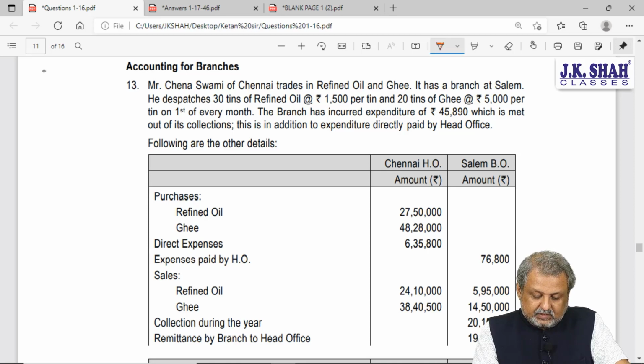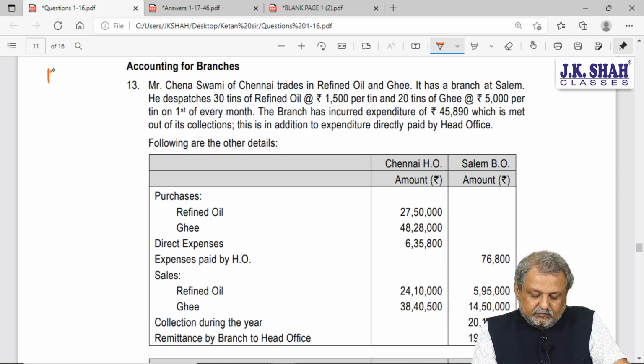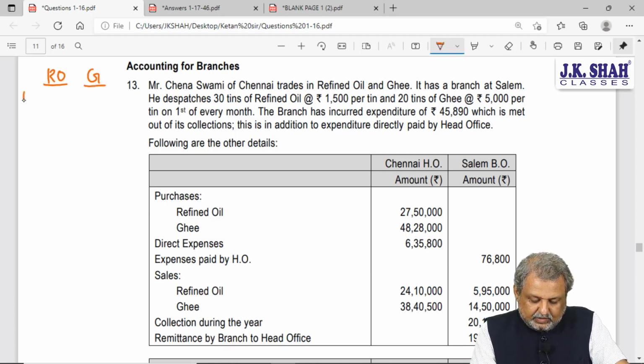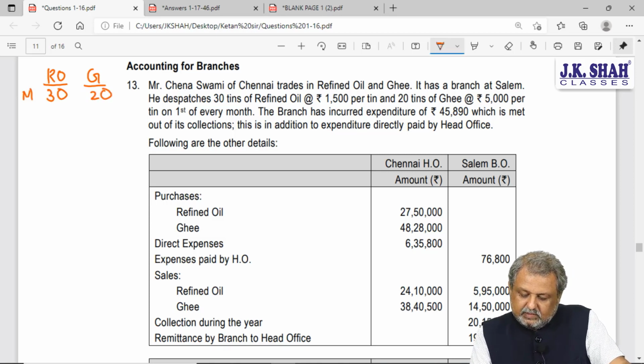So if I say one is refined oil and the other is ghee, every month he is sending 30 tins of refined oil, 20 tins of ghee. Refined oil is at the rate of 1500 and ghee 5000.